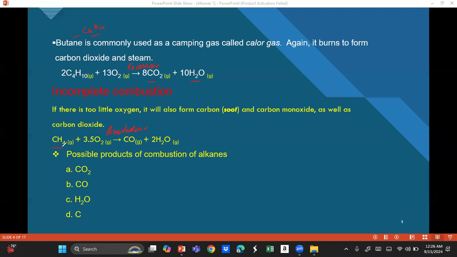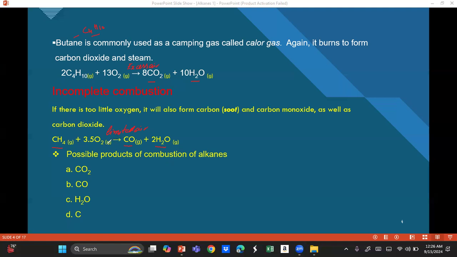And when it does not burn completely, it will produce carbon monoxide in greater quantity, along with the formation of steam. You can balance it with 3.5. I have done this in fraction, but better you remove this decimal by putting 10 on it and multiplying by a factor so that the decimal should not exist.